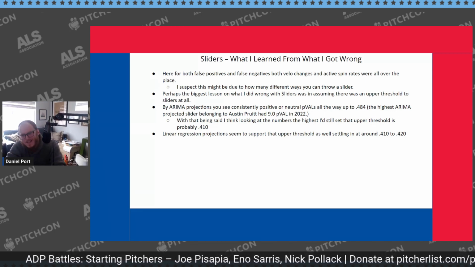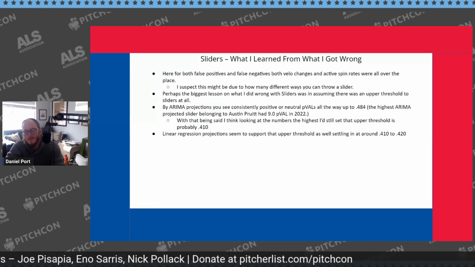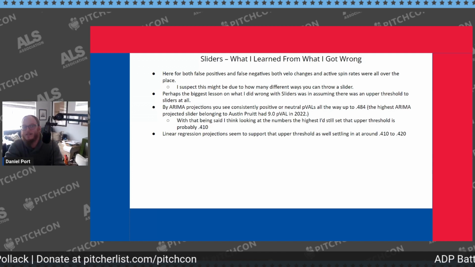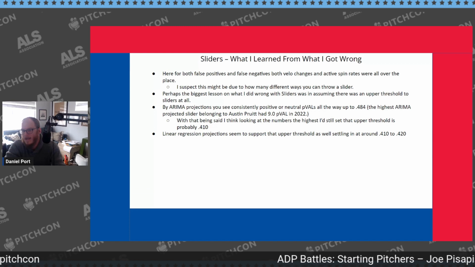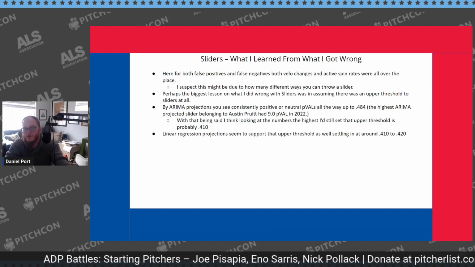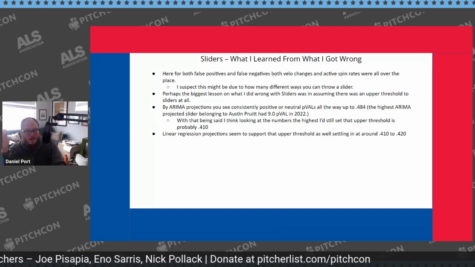Tentatively, I would set that upper threshold at something like 0.410, which is 30 points higher than what I'd set it for this set of predictions. So I'm still a little conservative on it, but the evidence does seem to show that there might not be this upper threshold to sliders, which is not what I would have predicted. And it kind of blew my mind.